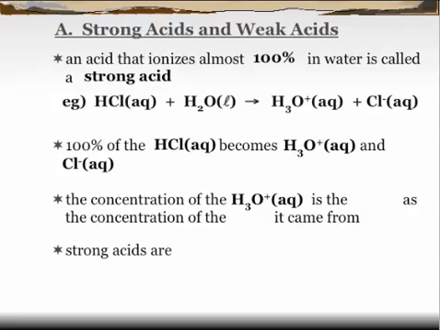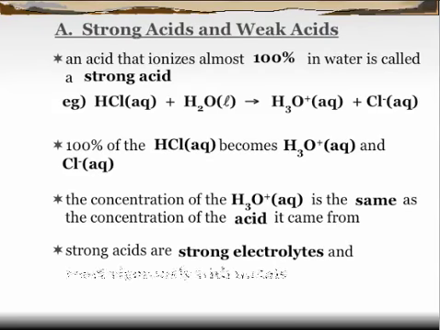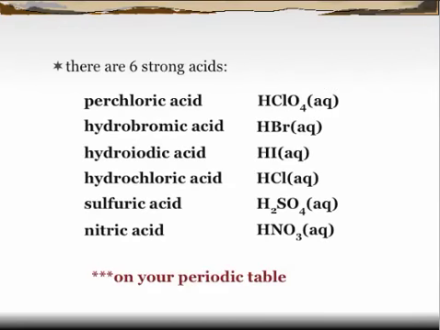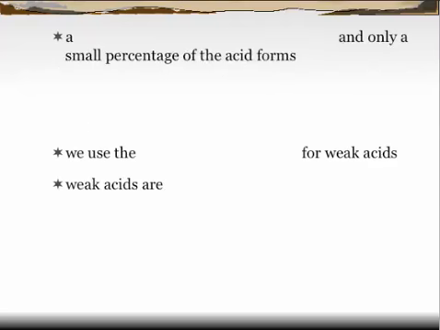The concentration of the hydronium is the same as the concentration of the acid it came from. Strong acids are strong electrolytes and react vigorously with metals. There are only 6 strong acids, and they are on our periodic table in our data booklet.